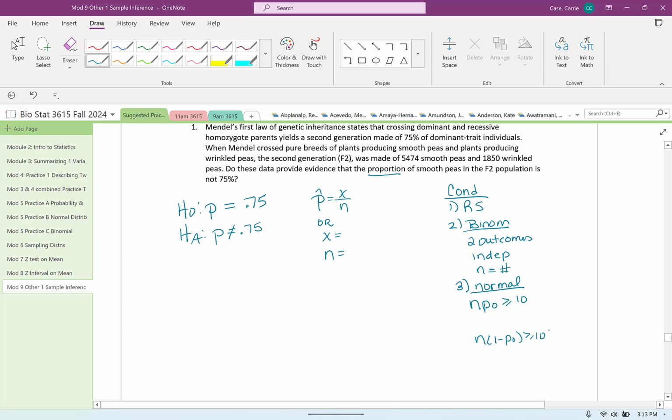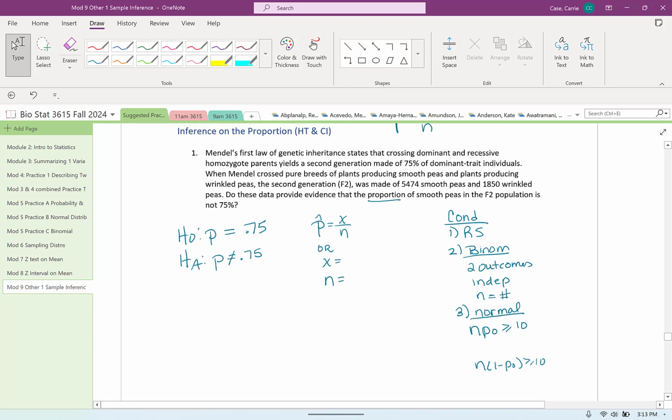All right, so let's try to figure this out. So first of all, we have 5,474 smooth peas and 1,850 wrinkled peas. Do these data provide evidence that the proportion of smooth peas is not 75? So we're interested in smooth peas, so that's my x. That's 5,474. Guess what? We don't have n in this problem, but we can get it.